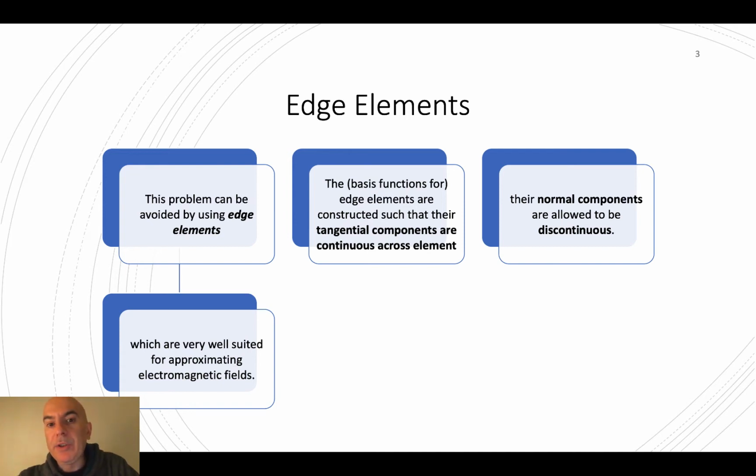The basis functions for edge elements are constructed such that their tangential components are continuous across elements, and we are going to look more into the detail of this. So while the tangential components are continuous across the elements, their normal components are allowed to be discontinuous.